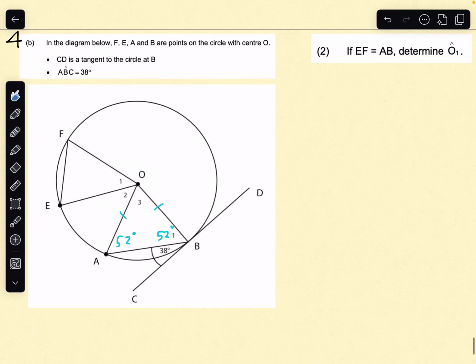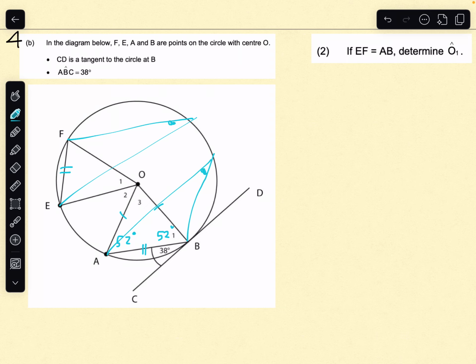Okay, next question says if EF is equal to AB, determine O1. Right? So, I mean, we know that equal chords subtend equal angles at the circumference, right? So, for example, if both of these chords subtended an angle at the circumference, then these would be equal.